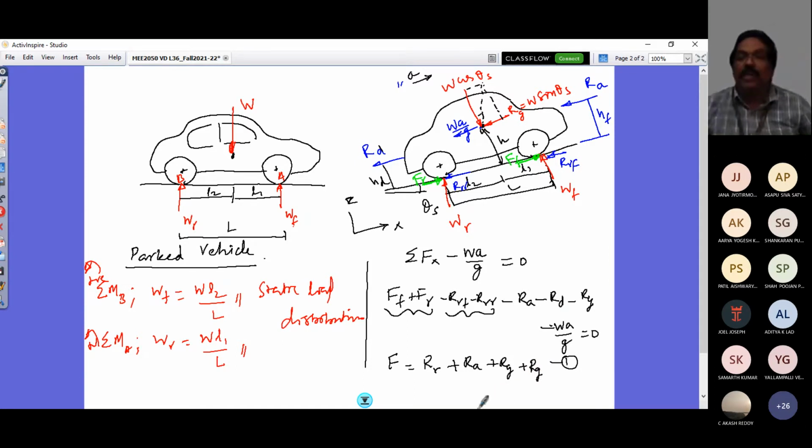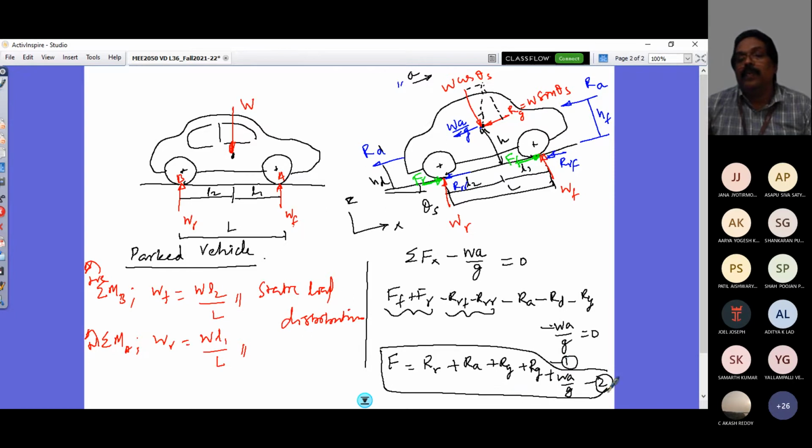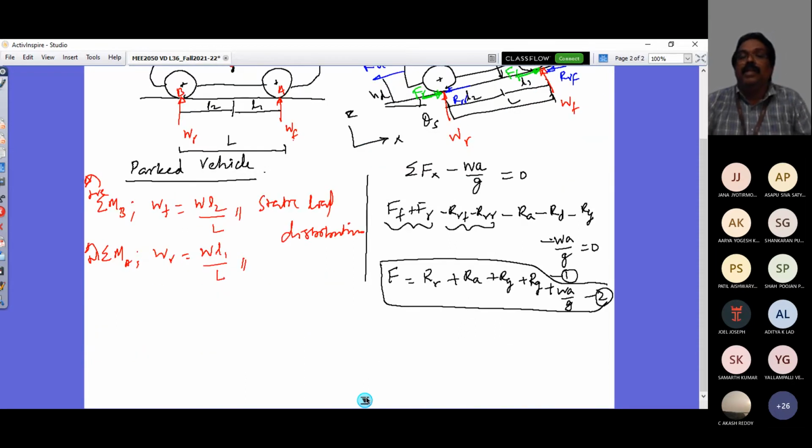There are 4 resistances plus this vector WA by G, so there are 5 forces here. That is equal to F. This is my total tractive force, from this simple equilibrium equation in the longitudinal direction.